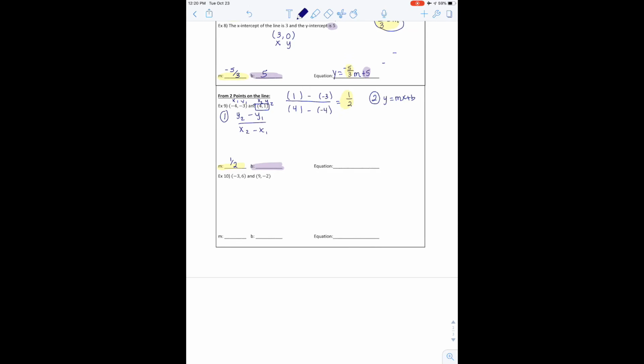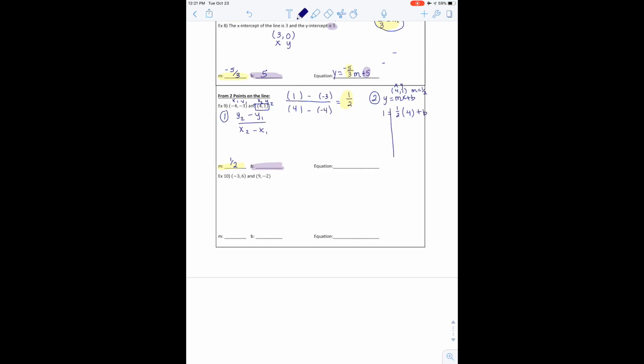So I can use the y value as 1 equals m is 1/2. Instead of x, remember we use parentheses and the x value from my point is 4. And then keep the plus b. So I just used the point (4, 1) as my x and my y. And m was the slope I just found, 1/2.